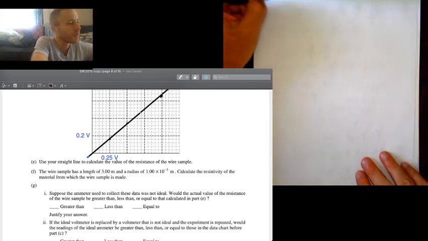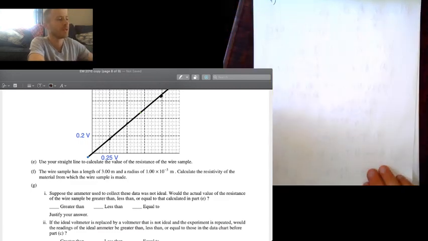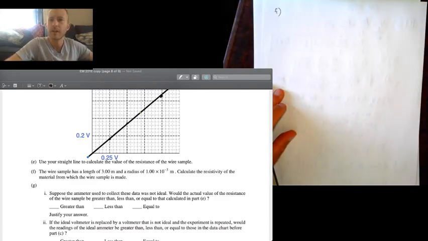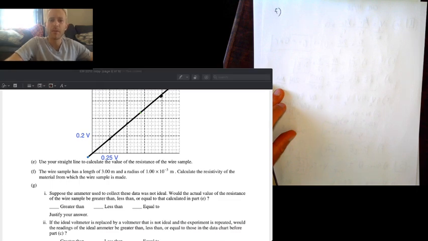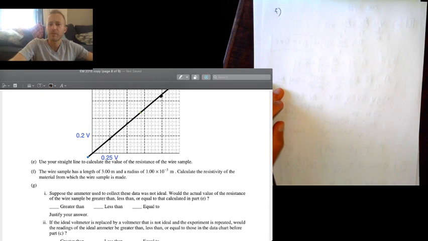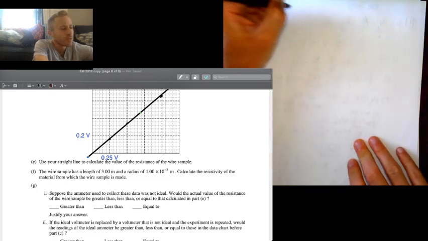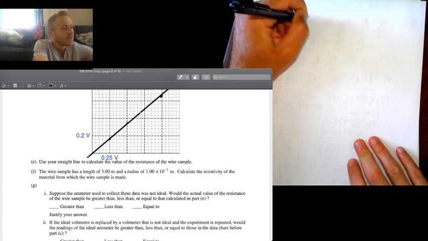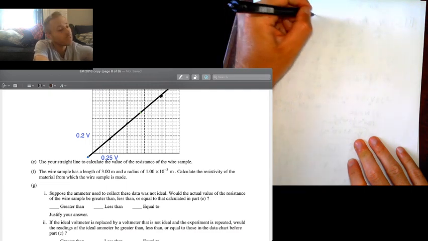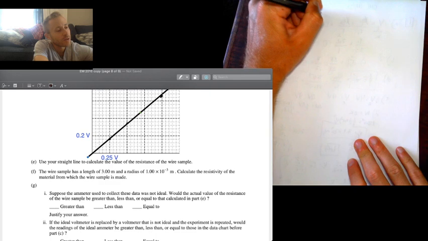Now I'm going over to part F. Let me make sure you can see that. Part F says the wire sample has a length of 3 meters and a radius of blah. Calculate the resistivity. So resistance of a sample is rho L over A. It's a circular cross section, so the area is pi r squared.